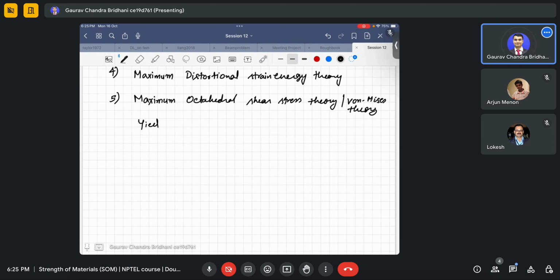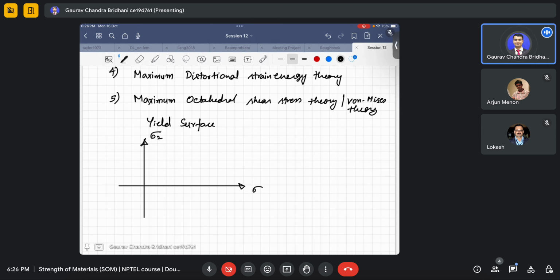I'll draw the yield surface of the two famous theories which the professor also drew in the lecture. So you have sigma 1 and sigma 2.